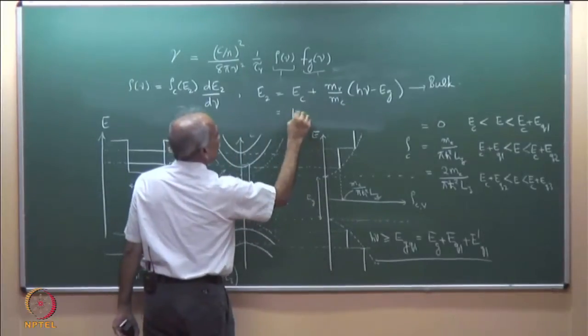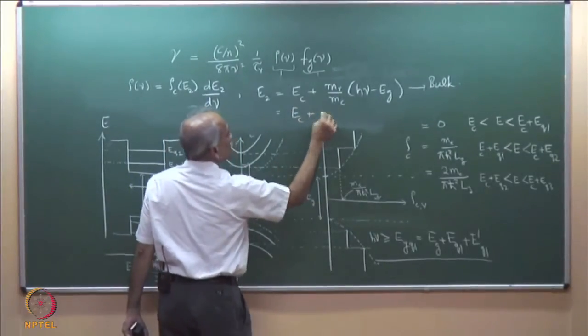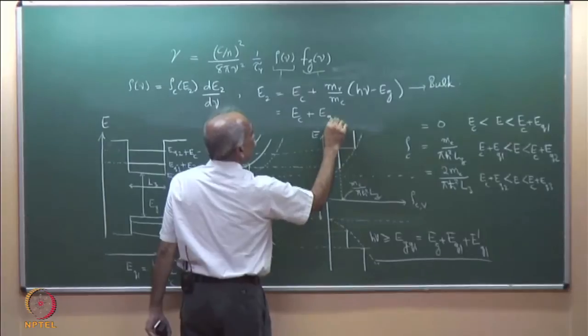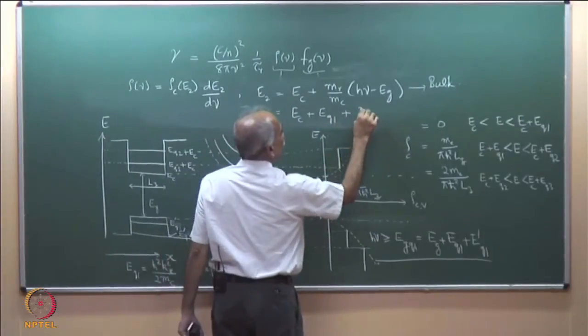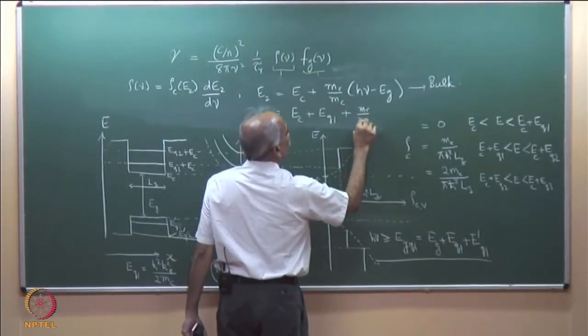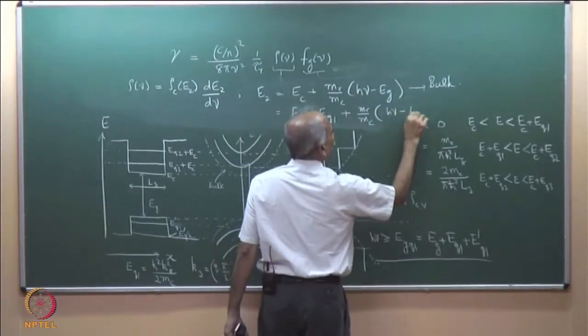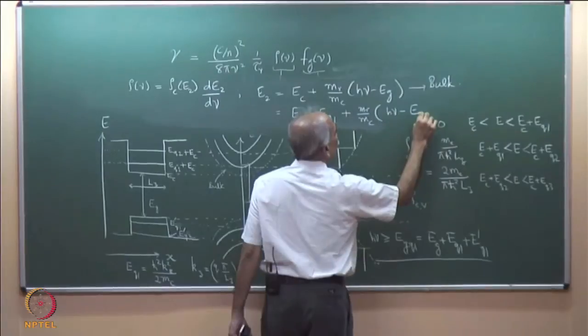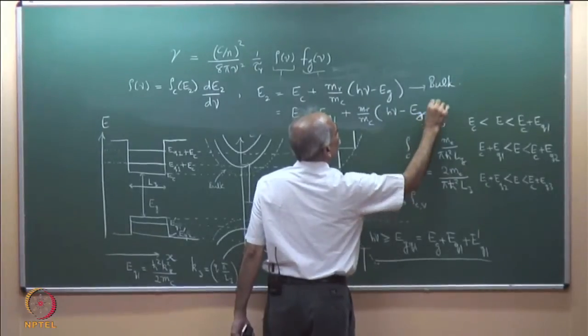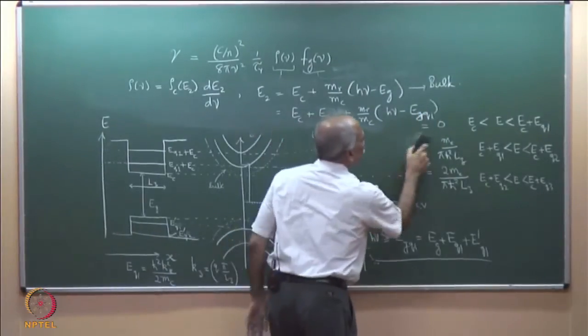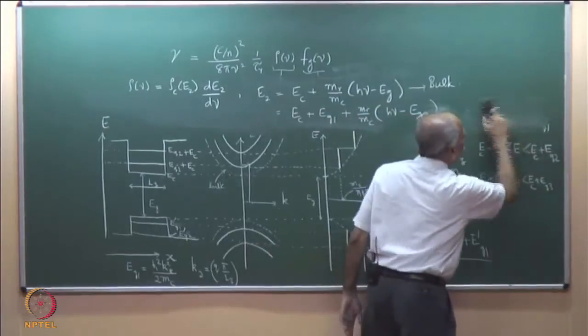If you work out exactly similarly, you will get this equal to Eq1 plus Mr by Mc into h nu minus Eg Q1.